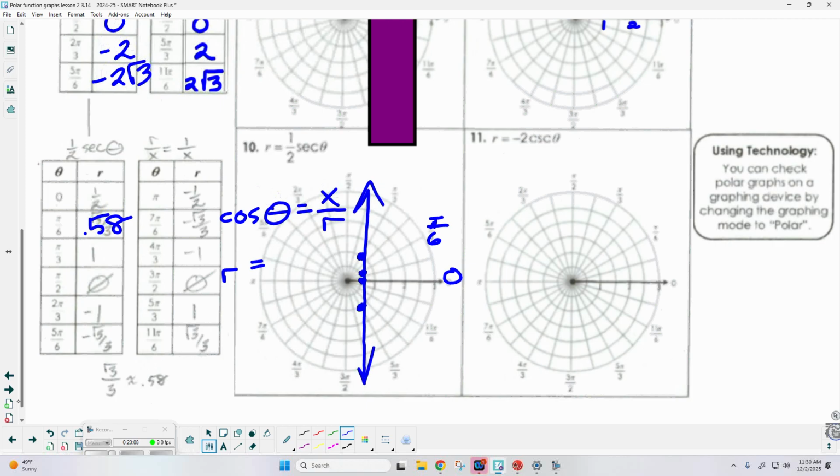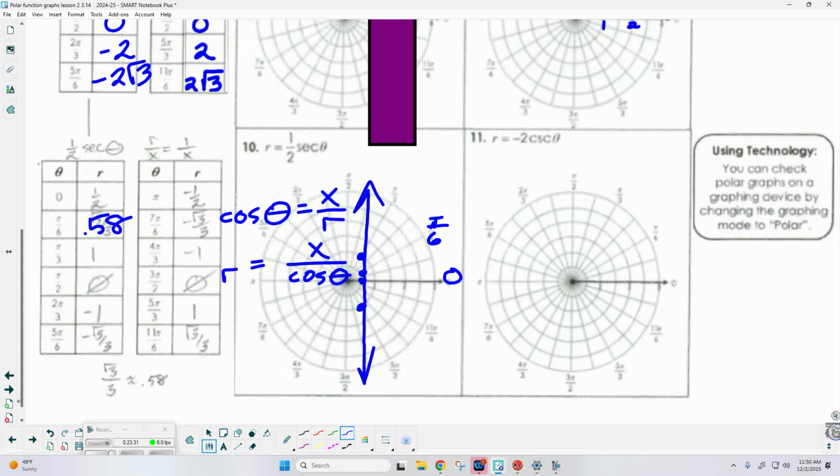So cosine of theta equals x over r. I want r equals. Oh, no, we're not taking the inverse. We're just manipulating the equation. So it would be x over cosine of theta. Did anybody want me to show the middle step?